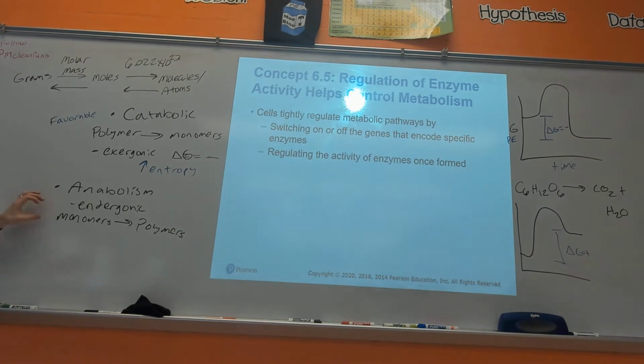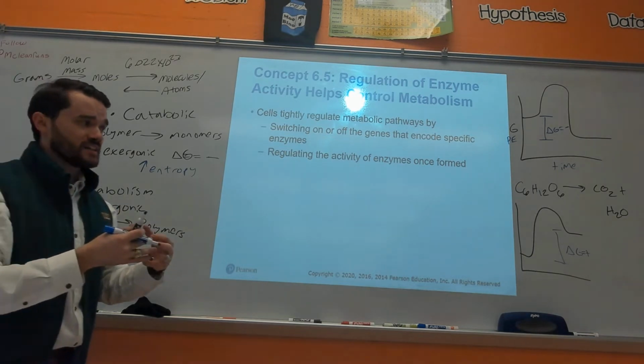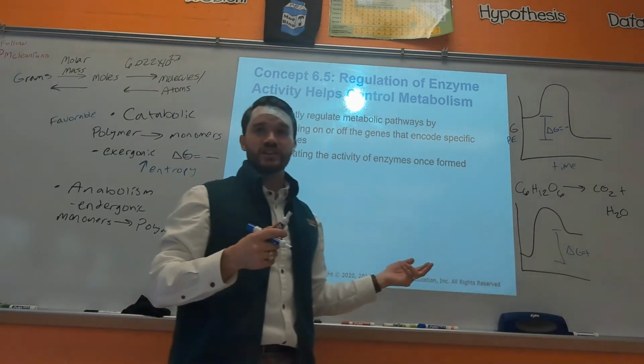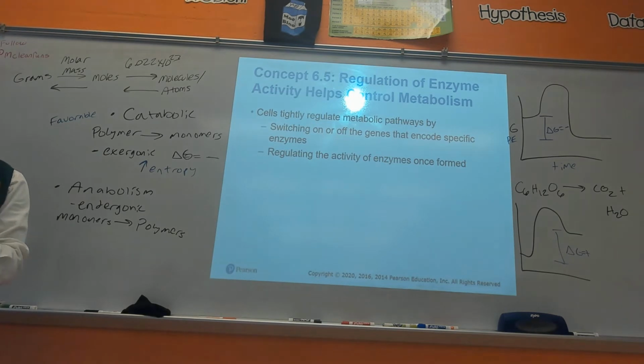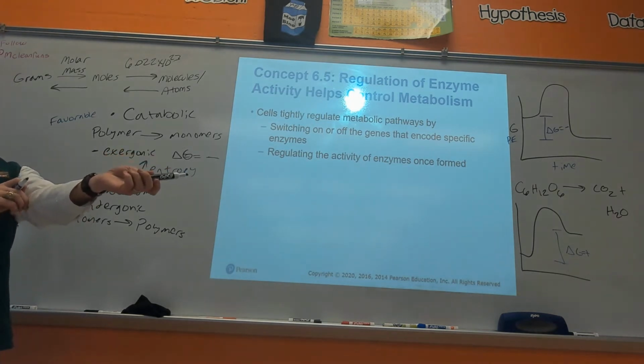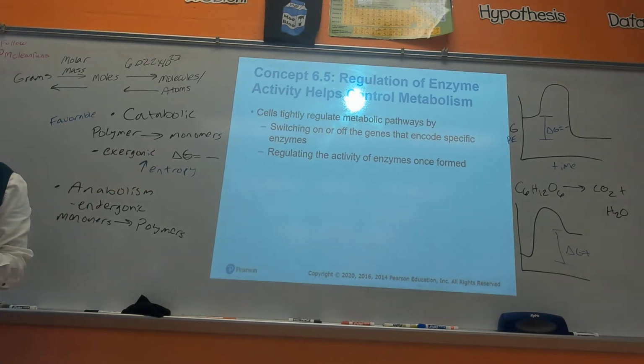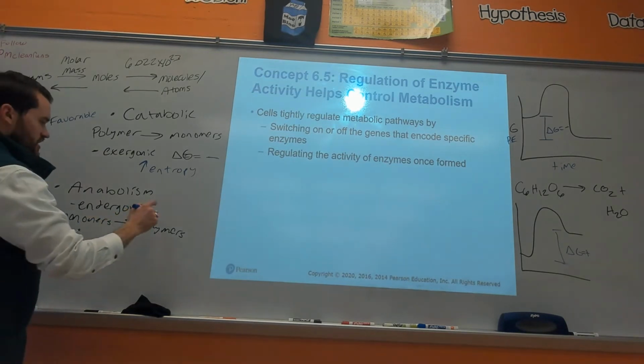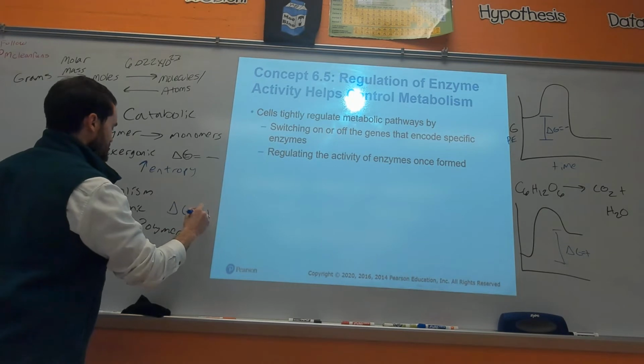That would be like you took the monomers, maybe the amino acids from your lunch, and you made a protein. The bonds in that protein store a bunch of energy that your body can use, for structure or to be an enzyme or something. Okay? So delta G is positive here.